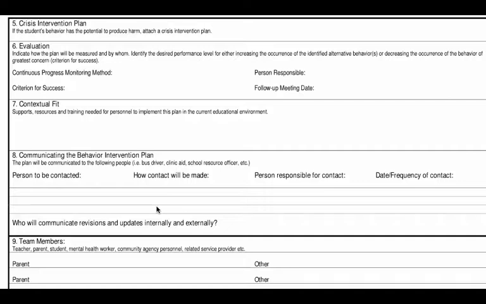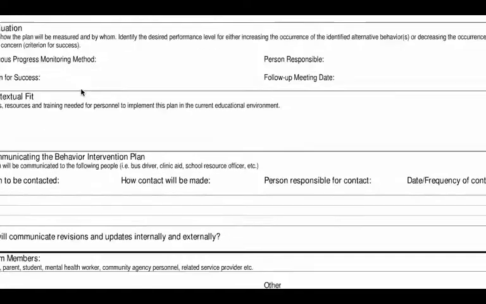And identify your monitoring method, your data collection responsibilities. Identify who the person is that's responsible for collecting the data and also graphing the data and displaying the data, and what your criterion is for success. You have to indicate that at the very beginning.